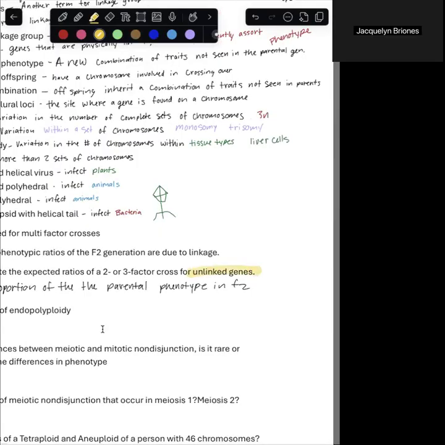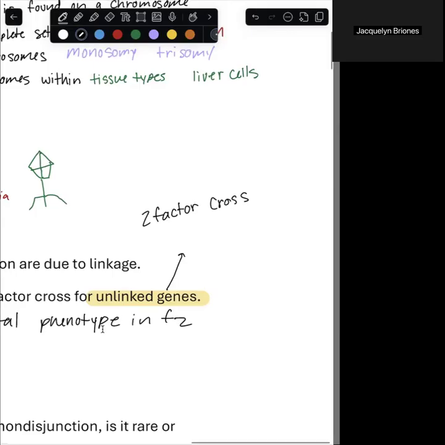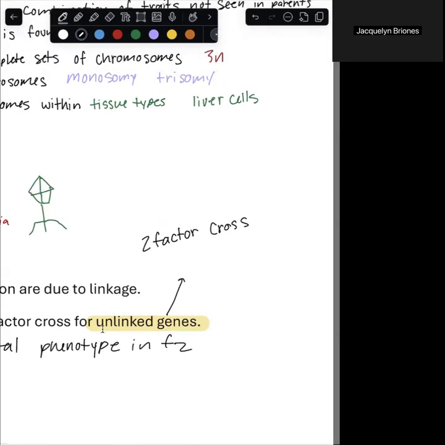So for a two-factor cross, it's going to be 9:3:3:1.